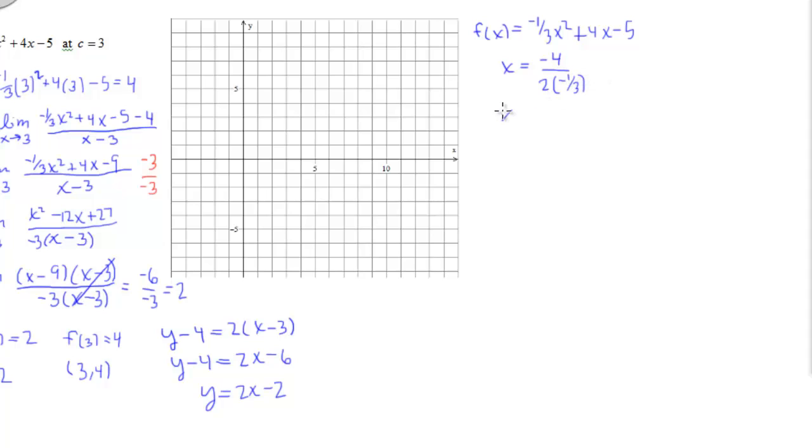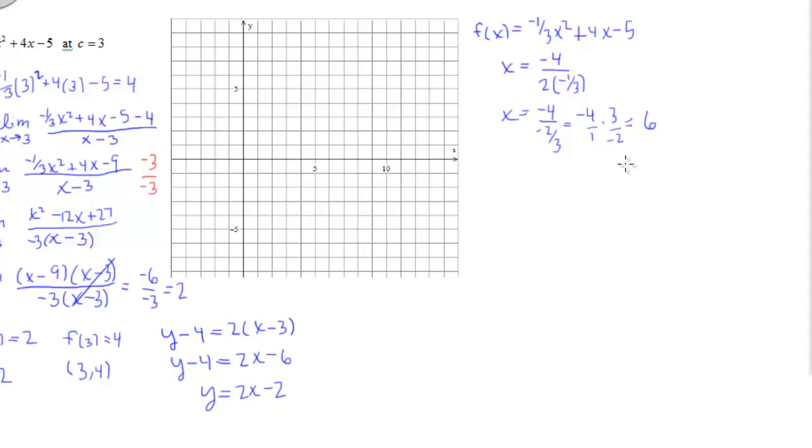And simplify that. You get negative 4 divided by negative 2/3, which is negative 4 over 1 times 3 over negative 2, which is negative 12 over negative 2, or 6.